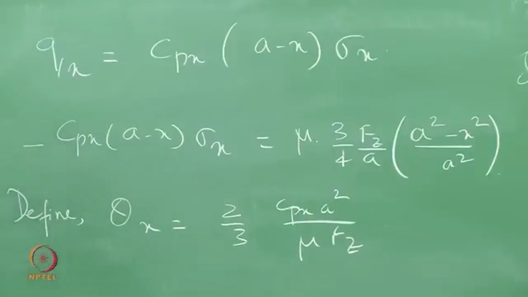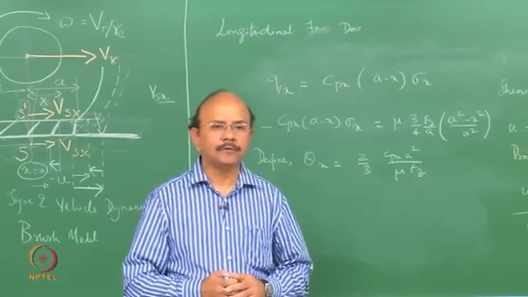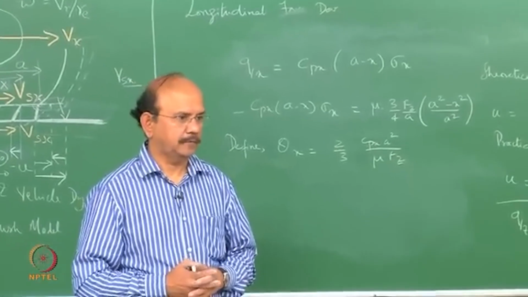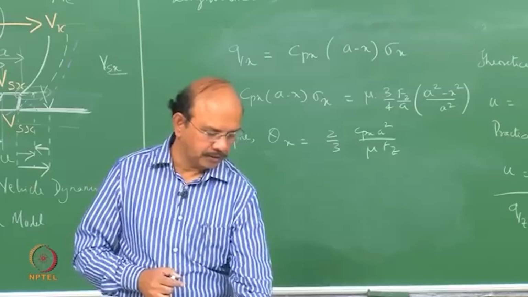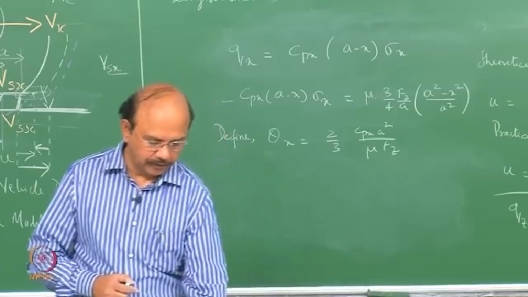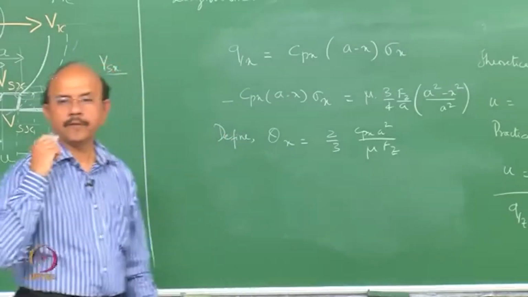Can you do that? Write a squared minus x squared as a plus x into a minus x. Substitute for theta and get me a value of the relationship between theta and sigma x.